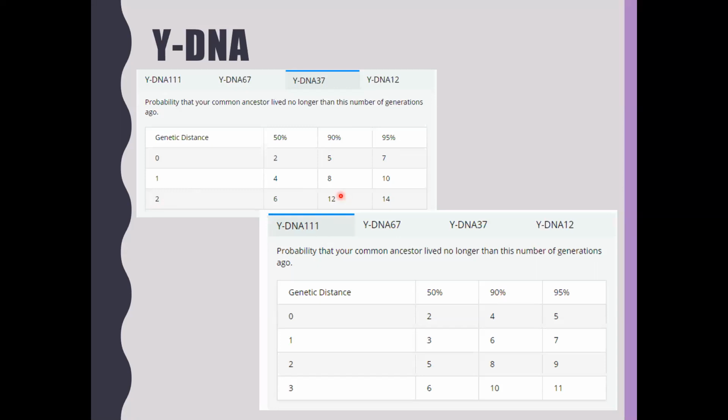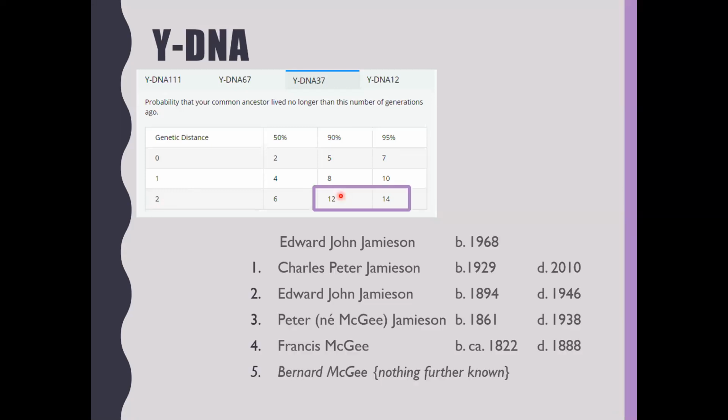But here's the problem. This is my line, although we have since added my new nephew Timothy here. To get a relative that's fairly certain, we're looking at 12 to 14 generations, and I'm back 5. So there's this gap between what I know and what I can connect to.